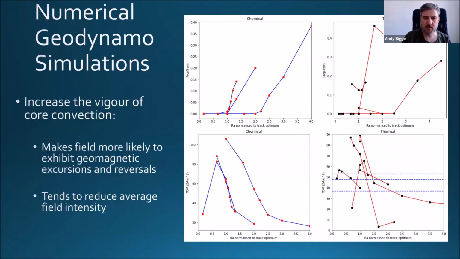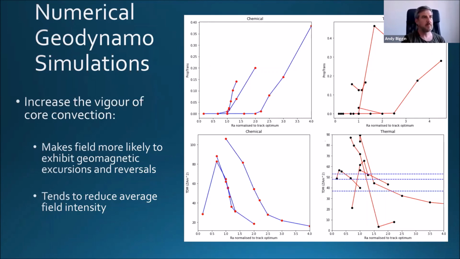Okay, and all that which I've just shown, this inverse correlation, kind of fits with dynamo theory. So these are a bunch of numerical simulations that we're working with at Liverpool and Leeds.